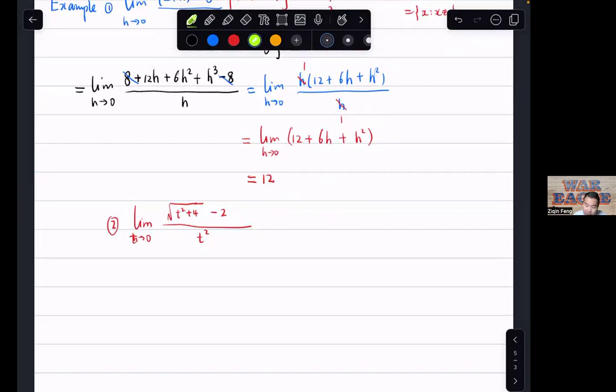If you plug in 0 in the numerator, you get 0. If you plug in 0 in the denominator, you also get 0, right? So this is also a 0 over 0 type of limit.